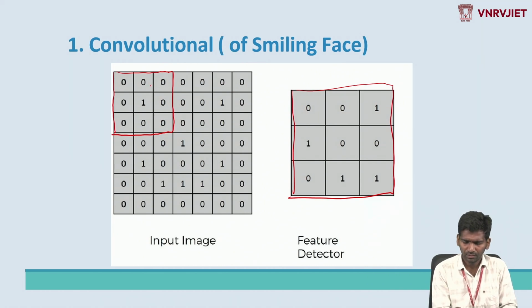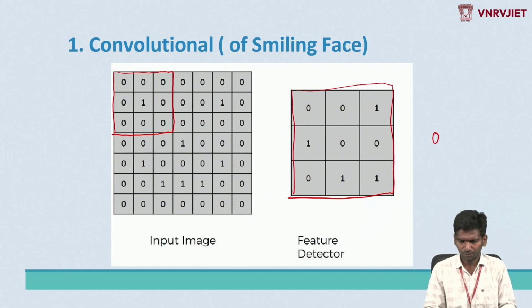There are 3 rows and 3 columns in the input image, and in the feature detector also it is 3 cross 3. So 0 into 0 is 0, 1 into 0 is 0, 1 into 0 is 0, 0 into 1 is 0, 0 into 0 is 0. So all will be 0.